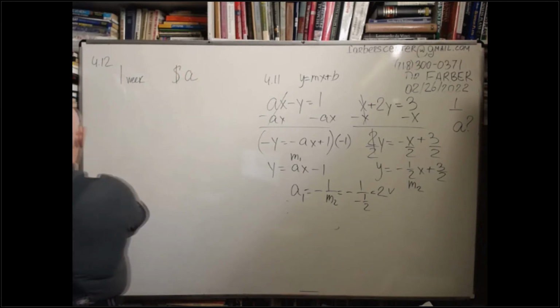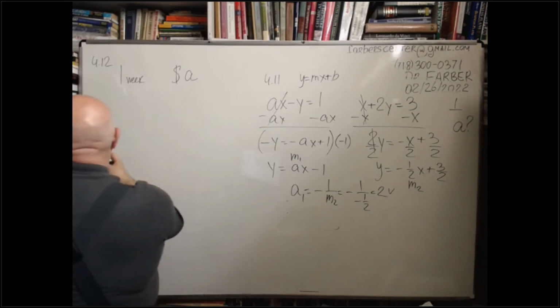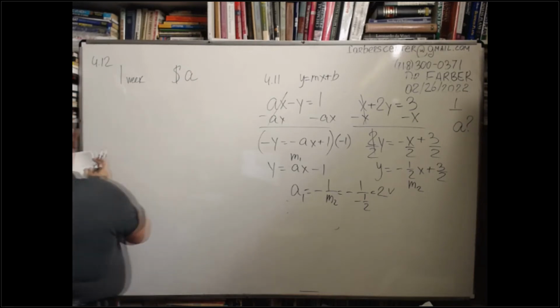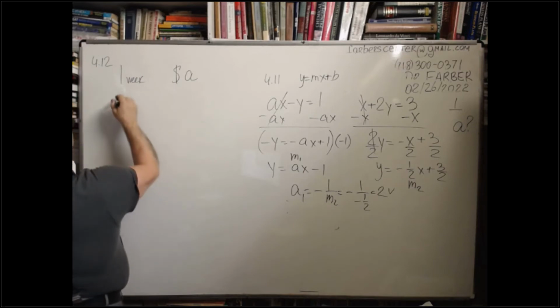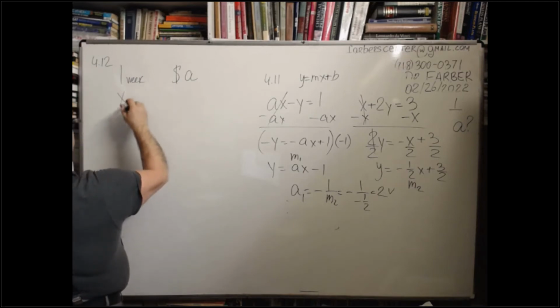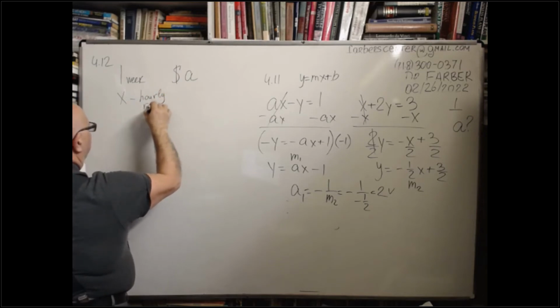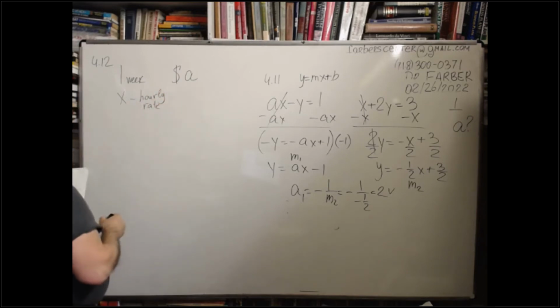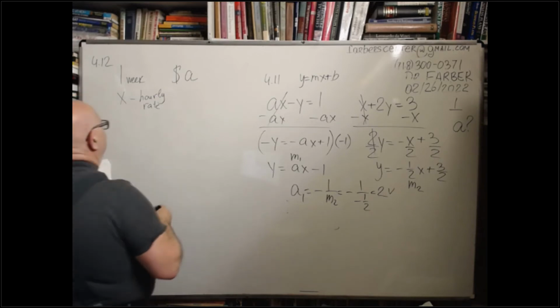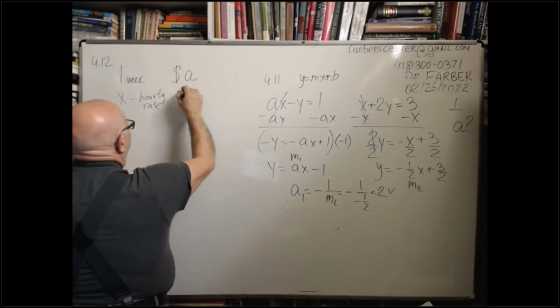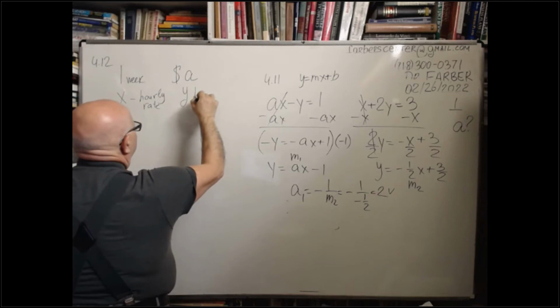Okay, what is given? X is the hourly rate, and Y is the number of hours.